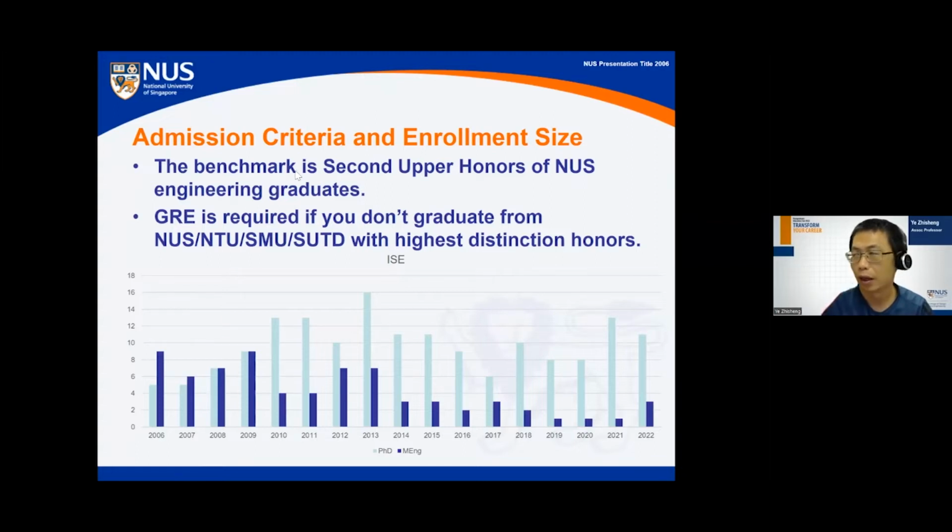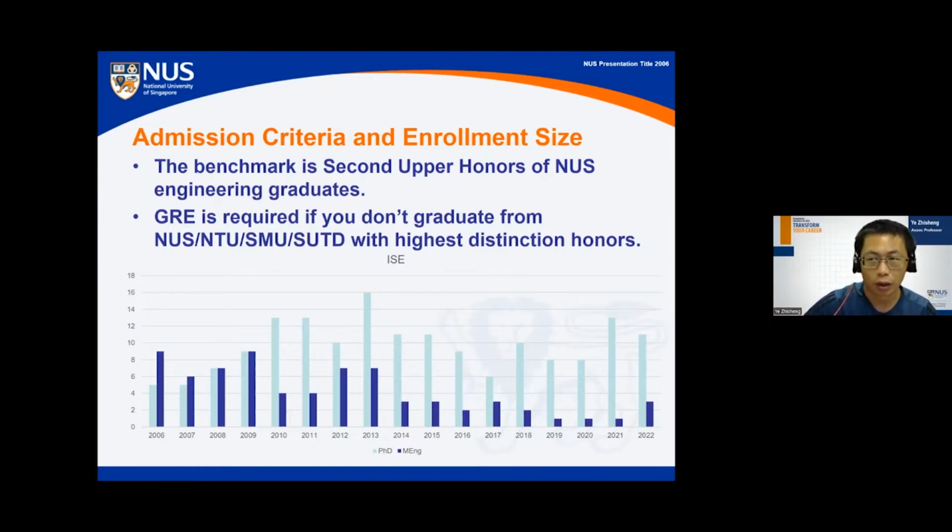This means that our benchmark is second upper honor in NUS engineering graduates. If your bachelor degree is not from NUS, then we use this benchmark to decide a cutoff. Like if you graduate from a university in China or India, we will use this as a benchmark to decide on a cutoff. So there is a cutoff based on university.